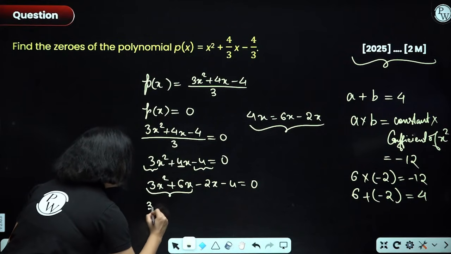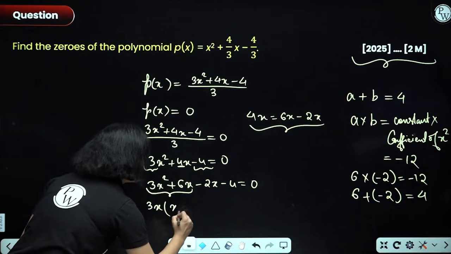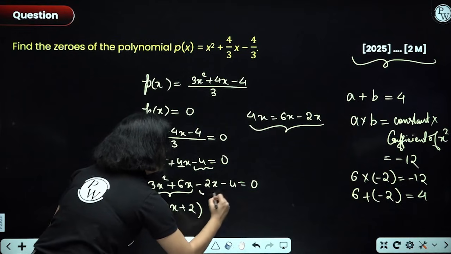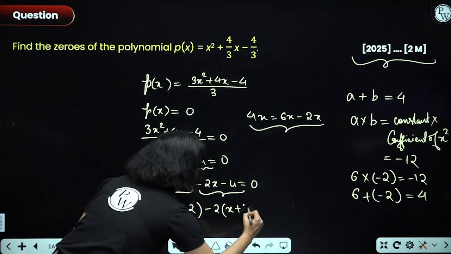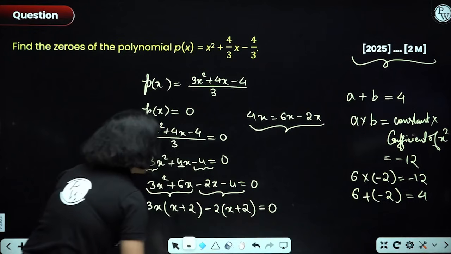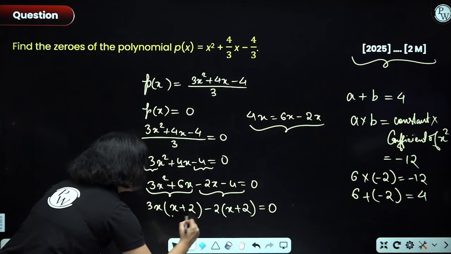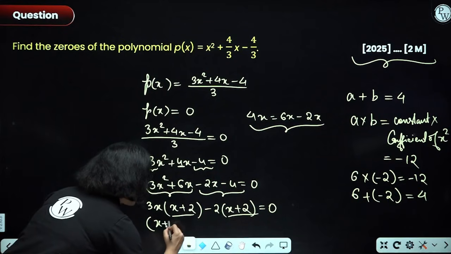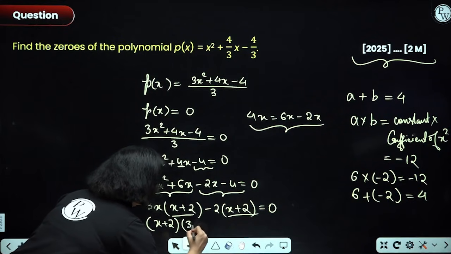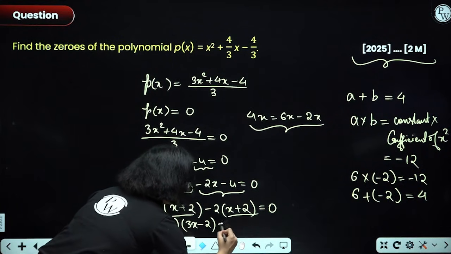So, we can take 3x common. So, you will get x + 2 here. And here we can take negative 2 common and inside we'll get x + 2 = 0. Right? So, now you can see x + 2 is common in both of the terms. So, you will take out x + 2 from everyone. And here you will have 3x - 2 = 0.